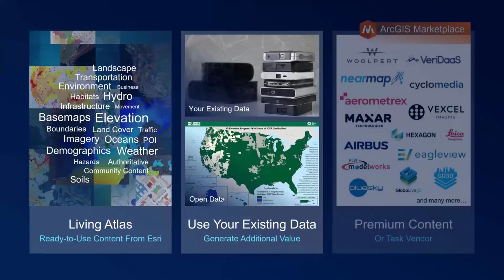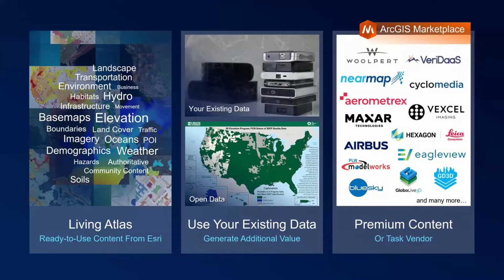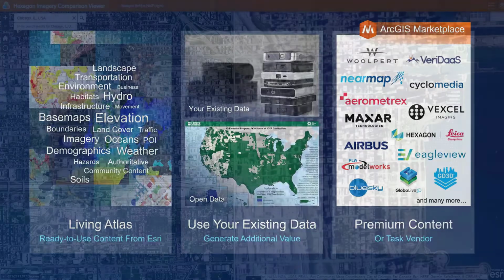Additionally, you can purchase and download select 3D city models that have already been produced from Esri business partners on the ArcGIS marketplace. And there's also many business partners with catalogs of existing imagery, point clouds, 3D mesh data, etc., that can be purchased for 3D base map production purposes.